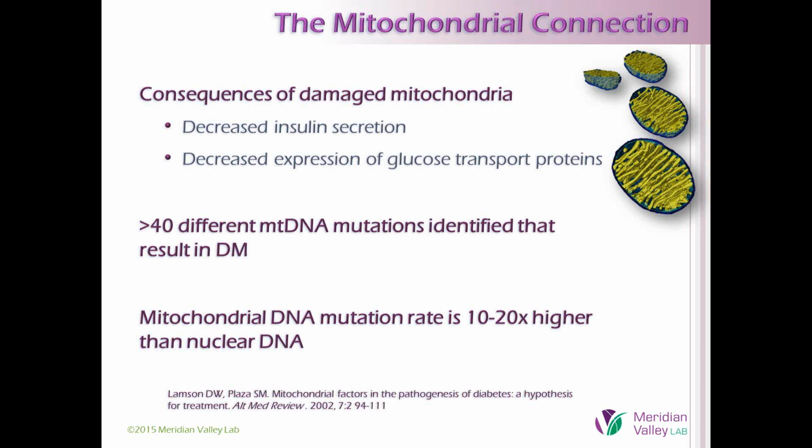It turns out that mitochondrial DNA is actually more easily damaged than nuclear DNA, and we don't have the same level of repair mechanisms for mitochondrial DNA that we do for our quote-unquote regular DNA.